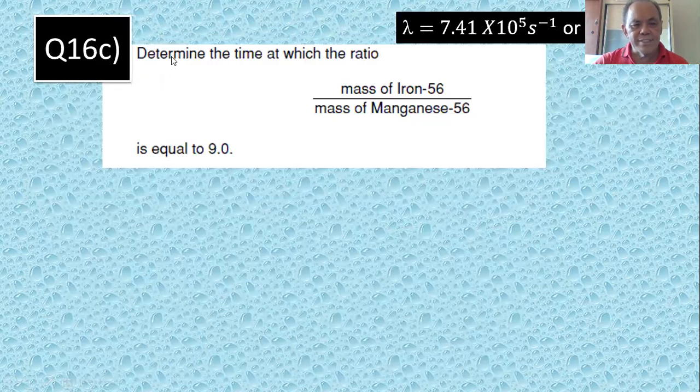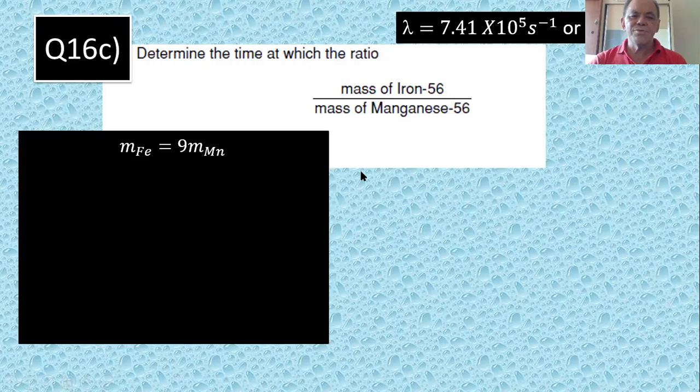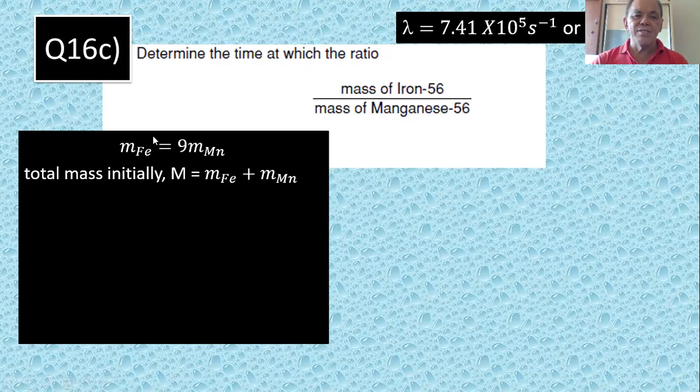Okay, you want to determine the time where the ratio of mass of iron to mass of manganese is 9. The time where iron has increased and manganese has decreased so that iron is 9 times that of manganese. Right? We can rewrite that. Let the mass of iron be M Fe, manganese M Mn. Right? And then you just cross, this is equal to 9. You take the manganese across there, you get 9 there. And the total present initially: remember, the iron came from manganese. So as the manganese decreased, the iron will increase.